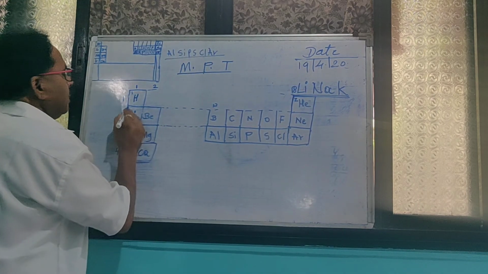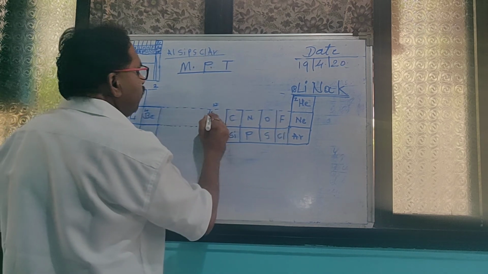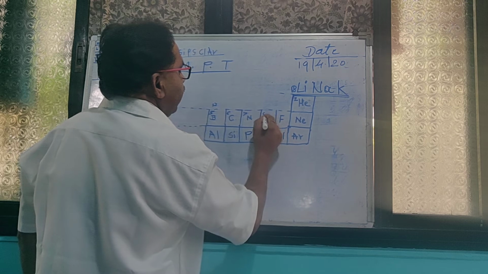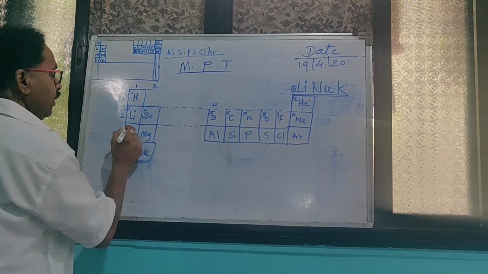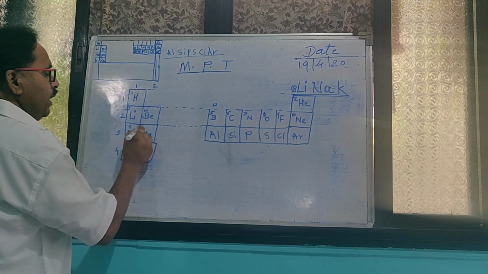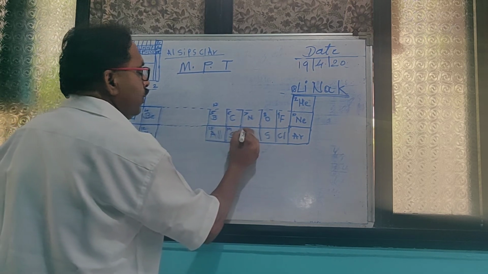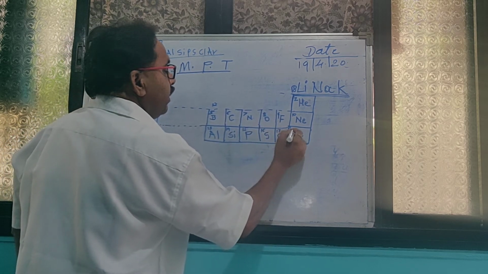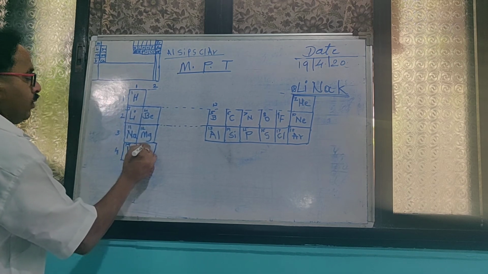If you start the numbering 1, 2, 3, 4, 5, 6, 7, 8, 9, 10, 11, 12, 13, 14, 15, 16, 17, 18, 19, and 20.